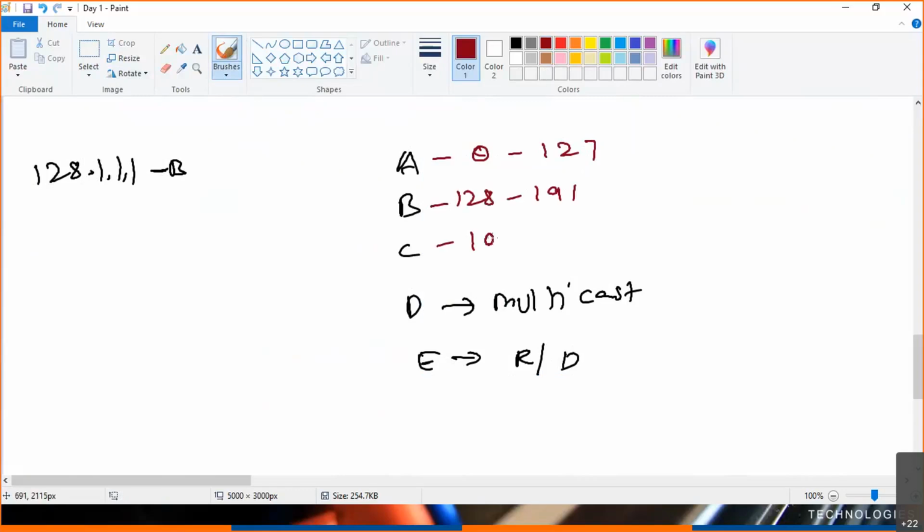Class C? 192 to 223. Perfect. Now 198.1.18.2.20. Which class IP address is this? Class C. Yes, it is a Class C.